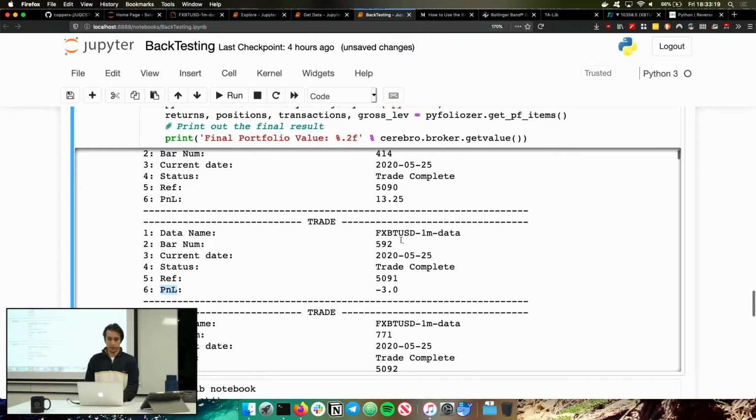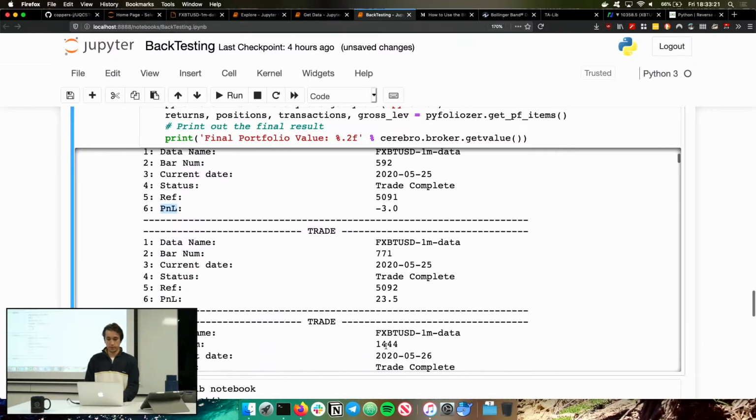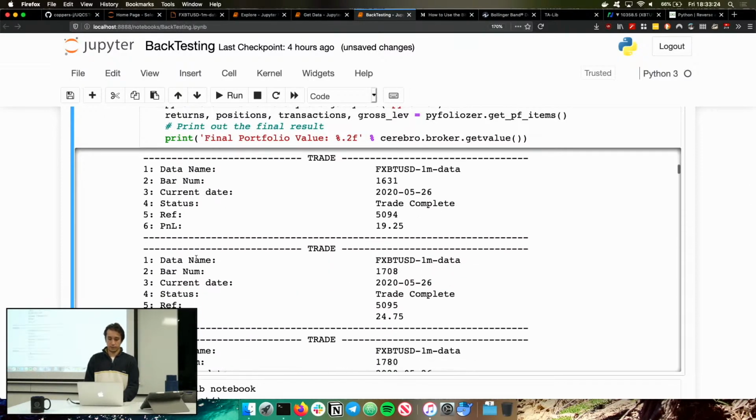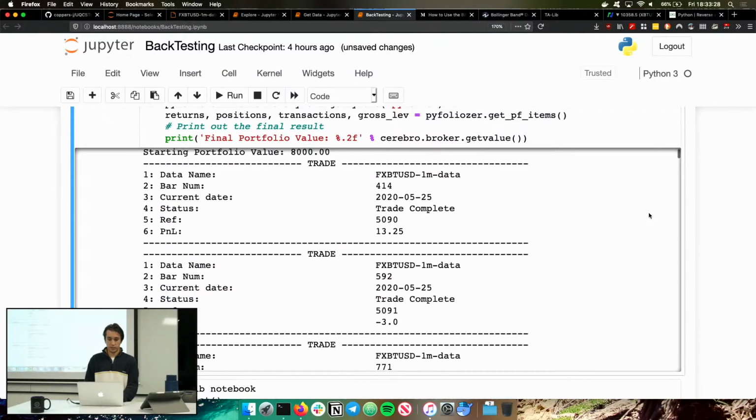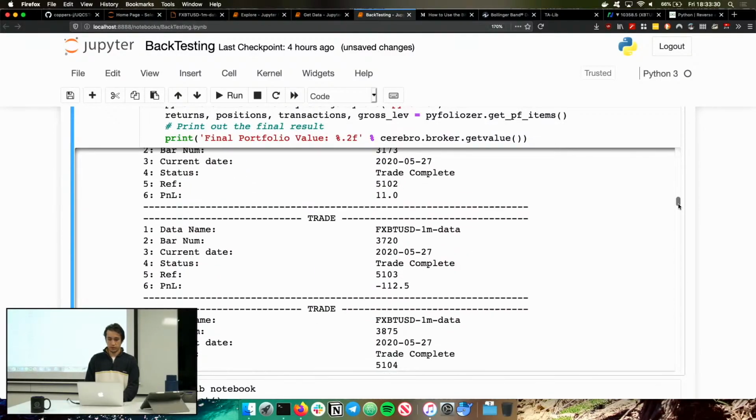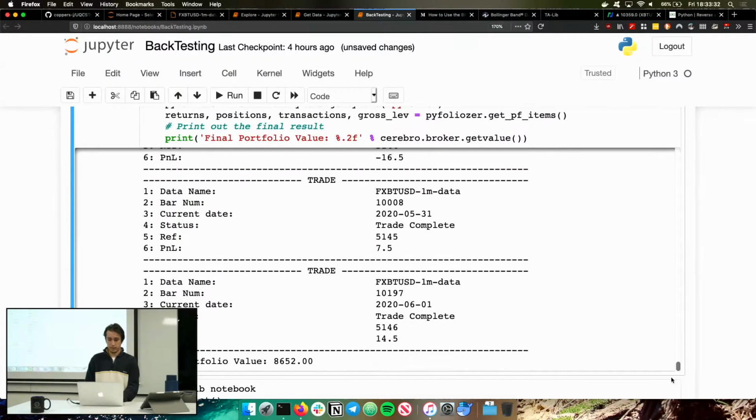We see here it made $13.25, here it lost $3, here it made $23.50, and so on and so forth. So we started with an $8,000 cash balance, and with this strategy, we have made, in this 5-day testing period, $652. So it's quite good.